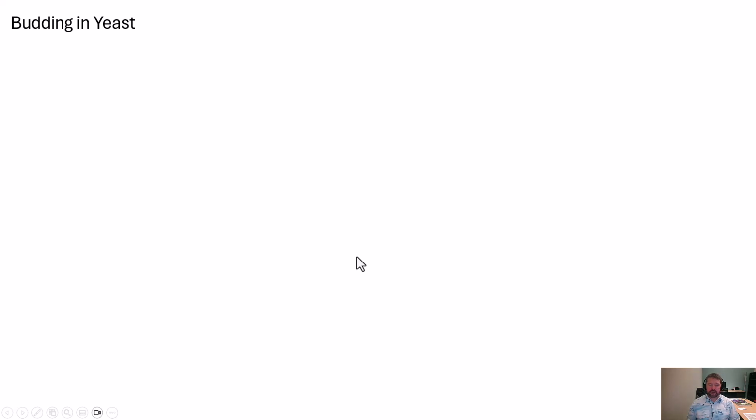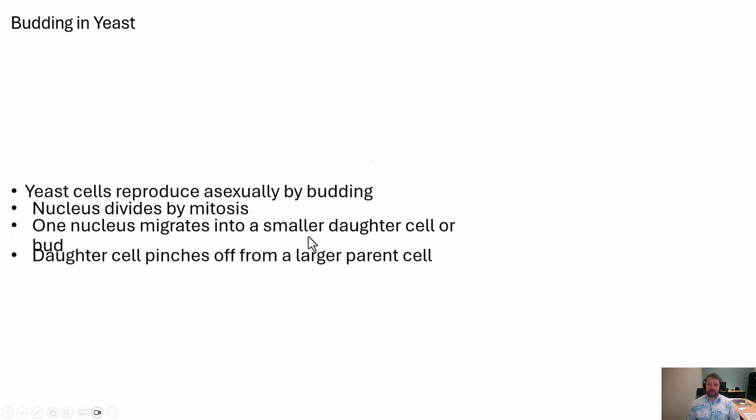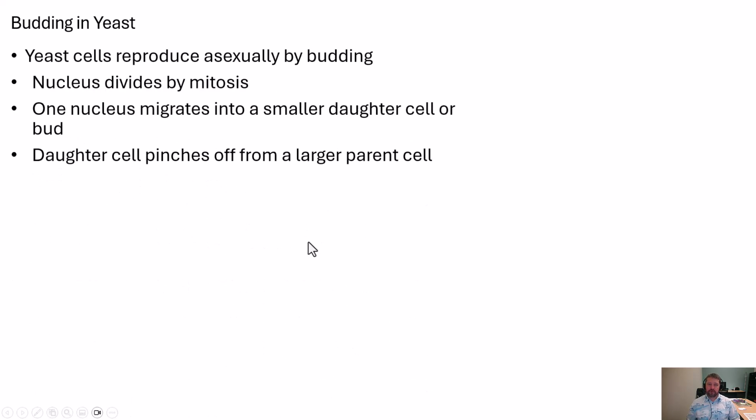All right, another way that is still asexual but a little bit different is the process of budding. Yeast can go through an asexual reproduction that we call budding, and it's a little bit different than mitosis, where cells divide completely in half and have two daughter cells.